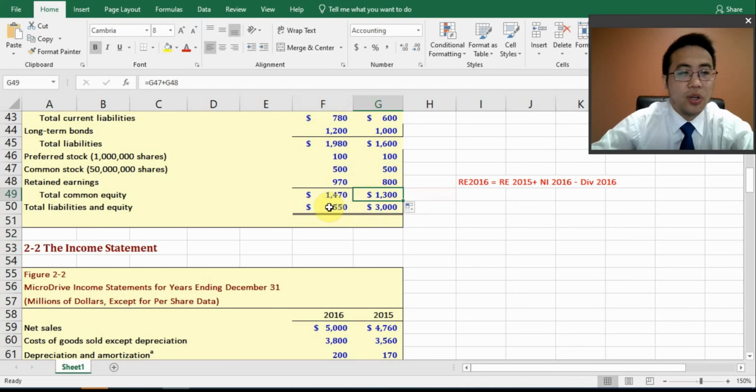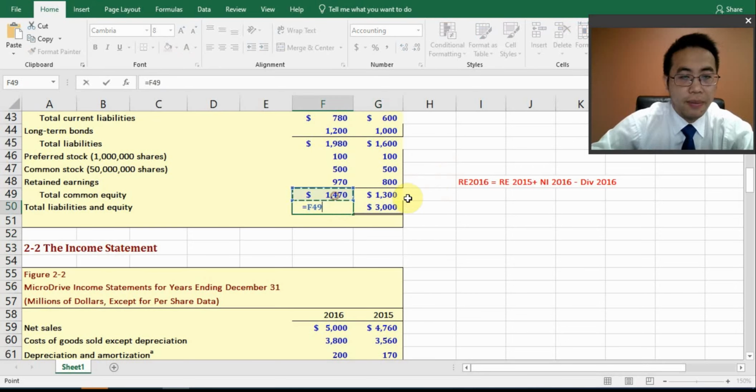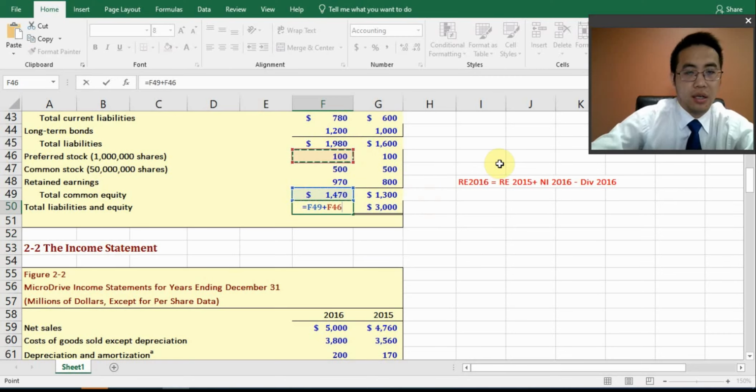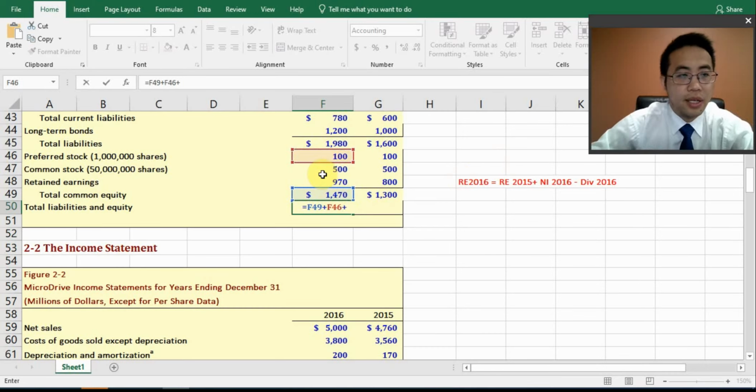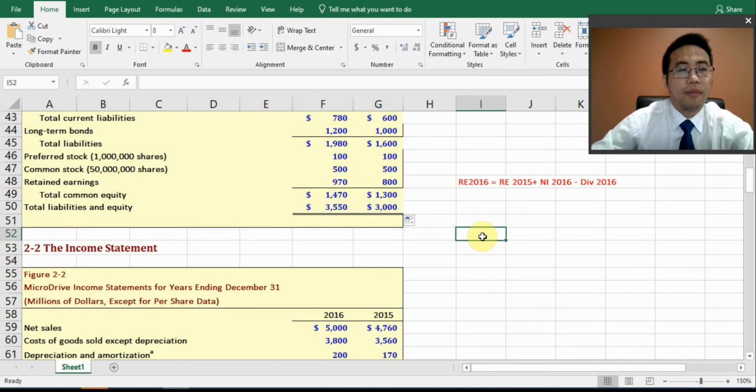Okay, so for total liabilities and equity, this equals the total common equity plus the preferred stock, all right, and then plus the total liabilities. Okay, and then drag it by one column to the right. Okay, so now I have finished the formula construction of all the items in the balance sheet.